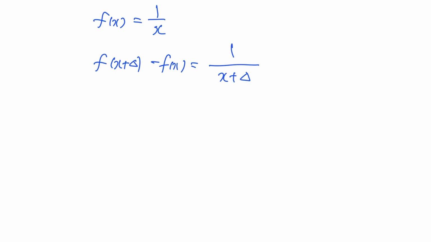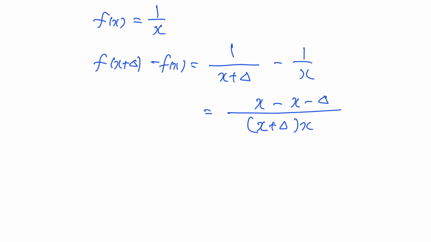When f(x) is 1 over x. Actually, you have done this too in high school. So f(x plus delta) minus f(x) is 1 over x plus delta minus 1 over x, right? x minus x plus delta over the product is minus delta over x times x plus delta.